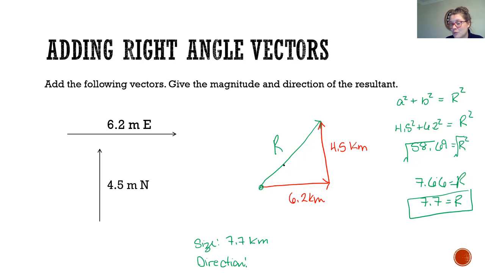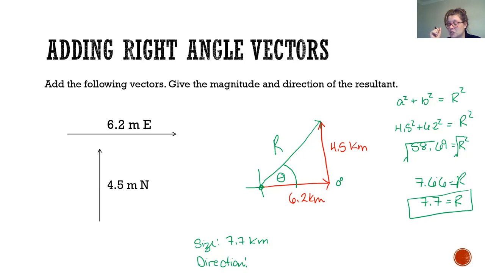So for the direction, we're going to say this is 0 degrees here because we'll think of this like an XY graph. So this is like my X and this is like my Y. So 0 degrees is here. If I can find out what that angle is, I can give a really specific direction. I can say from 0 degrees, turn 30 degrees north.